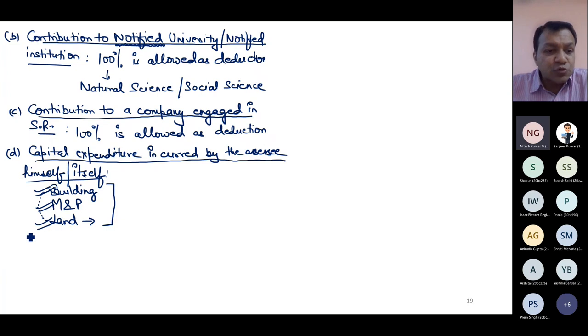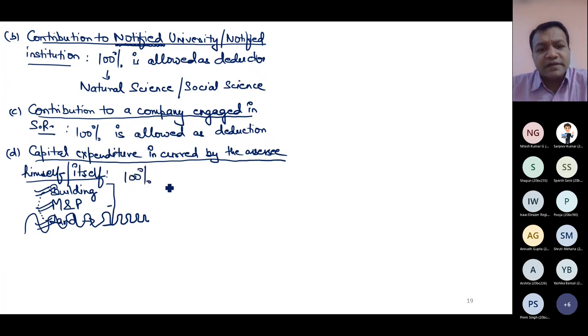Yes. Excluding the cost of land, other capital expenditure, 100% capital expenditure is also allowed as deduction. The cost of land on which you will construct a building to do scientific research is not allowed as deduction under section 35. Excluding cost of land, whatever capital expenditure you incur yourself is allowed as deduction.